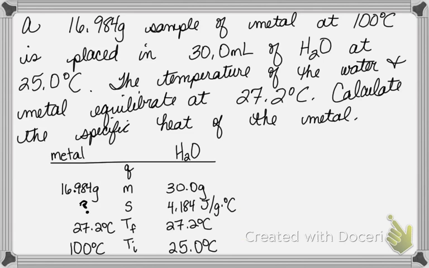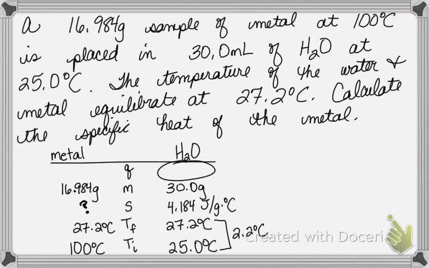And so the first thing I'm going to do is calculate the ΔT. 27.2 minus 25 is 2.2 degrees Celsius. And then I'm going to toggle between two slides as I calculate Q. So Q for the water is equal to the mass of the water times the specific heat of the water times the change in temperature of the water.